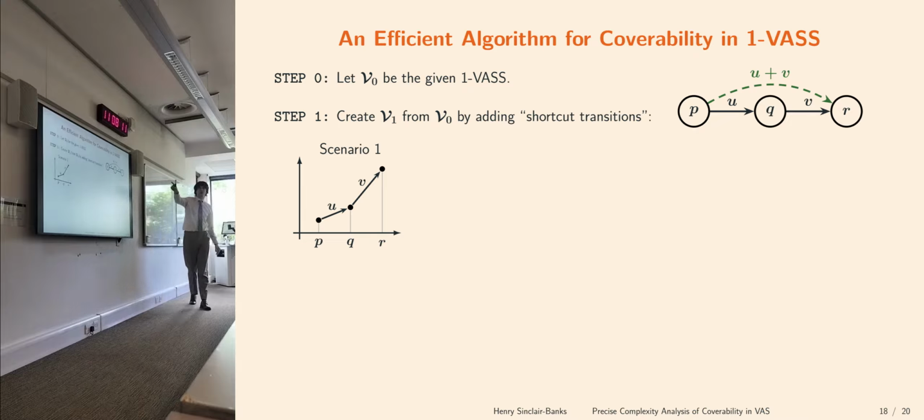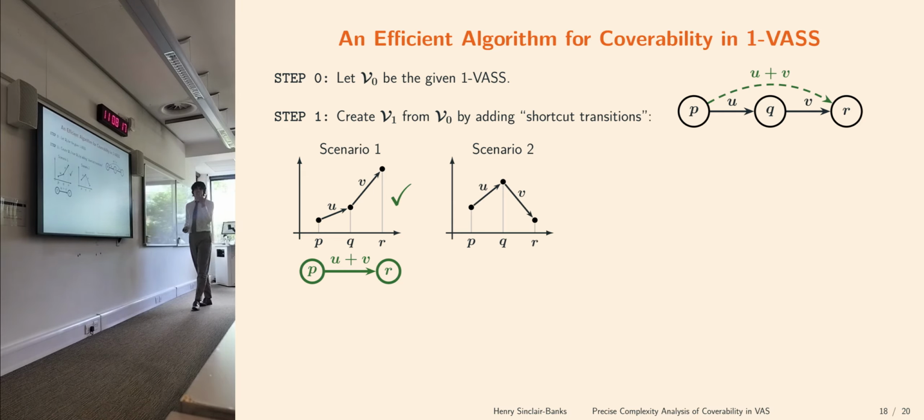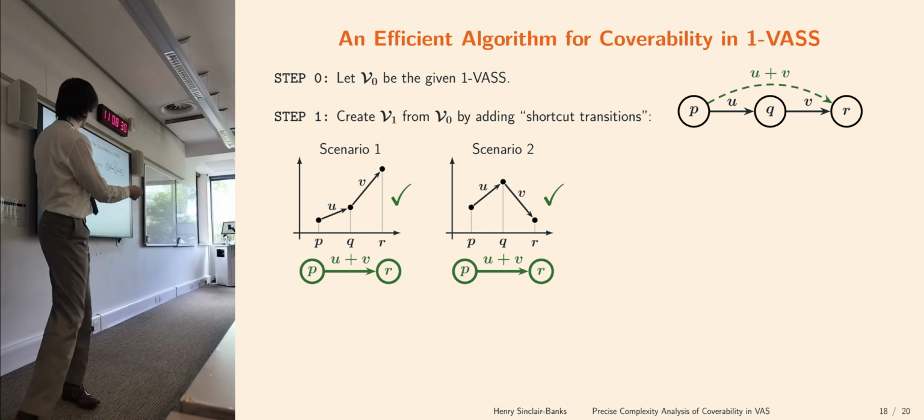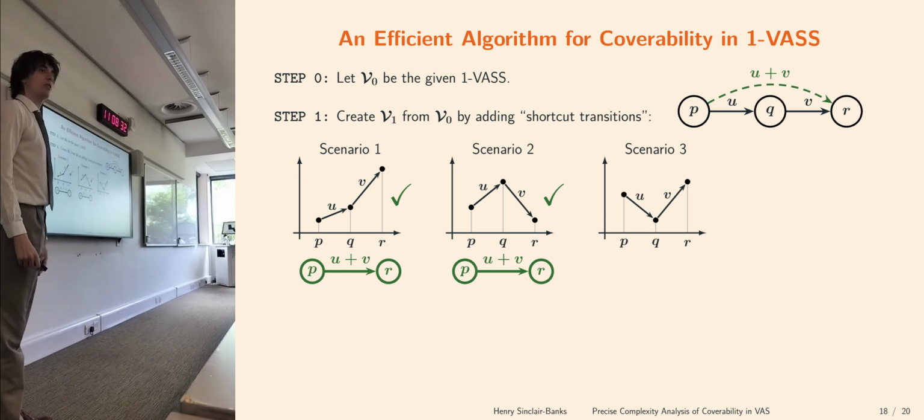I could have clearly gone from P to R without testing the counter. I could just add U plus V, no problem. Similarly, if overall the effect of U plus V is negative, then I could only go from P to R if I had at least the negative update of U and V combined on my counter to begin with. So I'll add the transition. The only case that I can't deal with is if U is negative and V is positive.